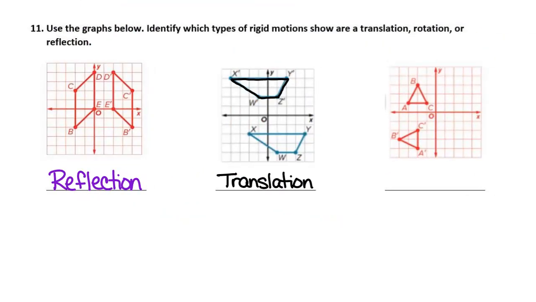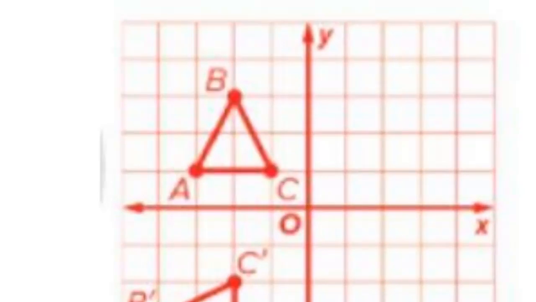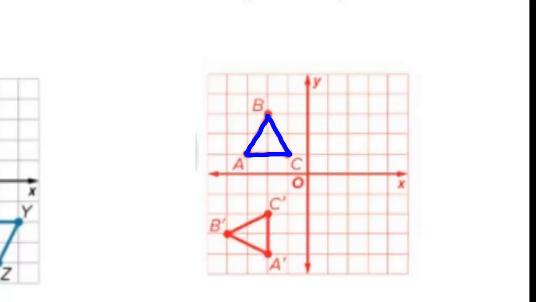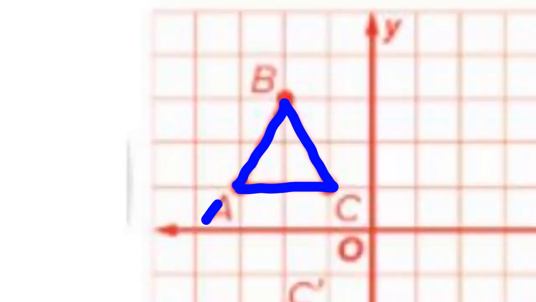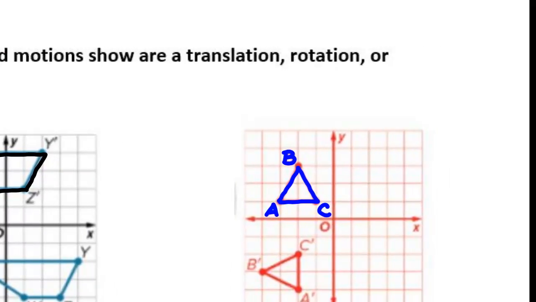Which means this last one is most likely what? A rotation. Let's check and see. I'm going to trace over this, and I'm going to see if I can rotate it. Now I need to keep track of where these points are. A is here, B is here, C is here.